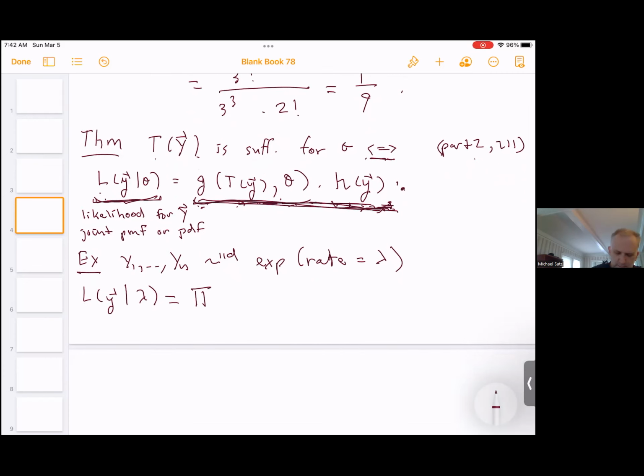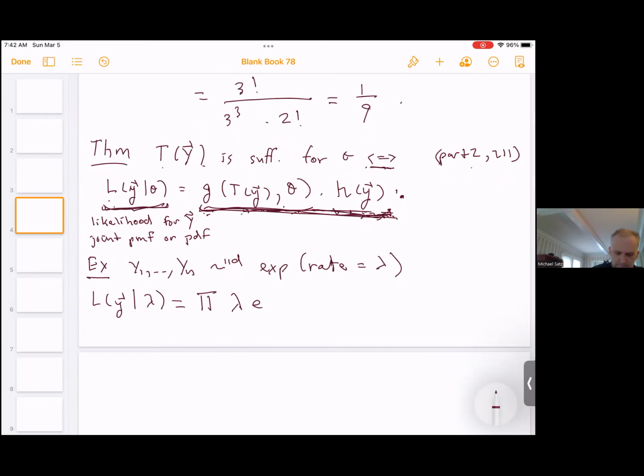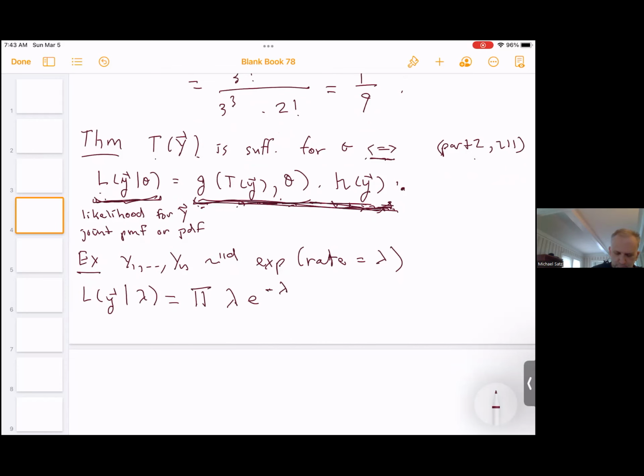And we'll start using this indicator function to control where the PMF or PDF applies.